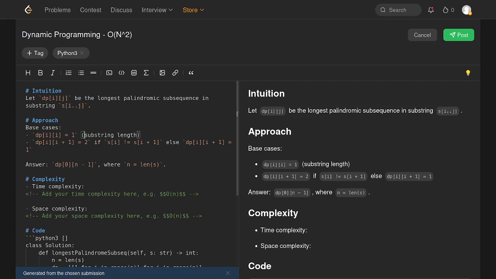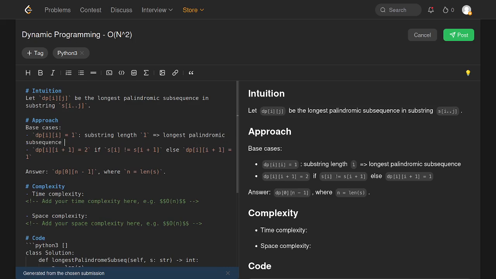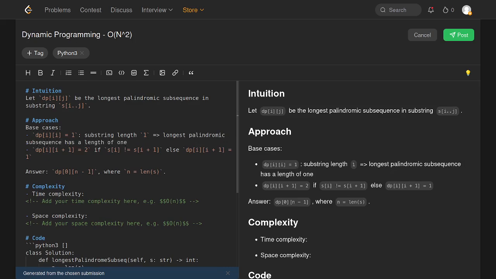Substring length, let's explain this. So for substring length 1, the longest possible palindromic subsequence has a length of 1. dp[i][j] is 2 if they are equal.